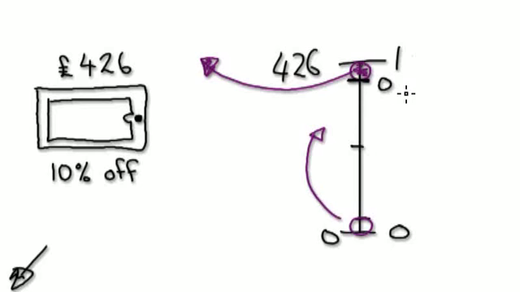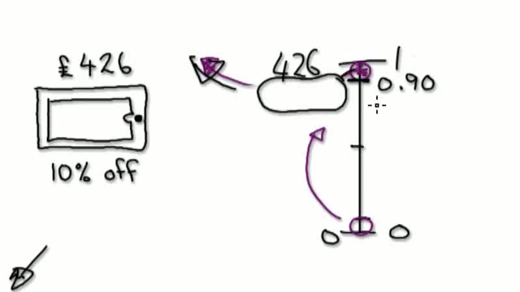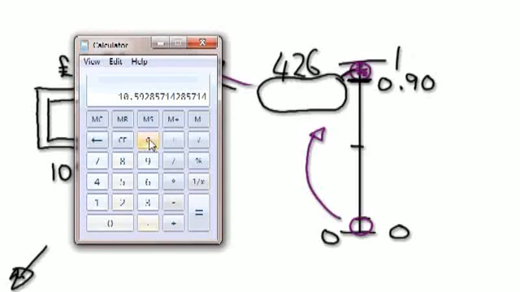You only need to pay 0.90. That's 90%. You only need to pay 90% of the original because the shop is saying that they're giving you 10% off. So you only need to pay 90% of this original thing. So your task is to find out this value here, at the 0.9 level. So calculator, clear it.